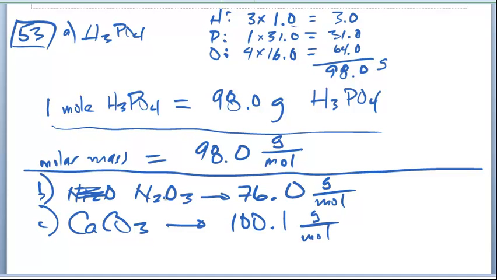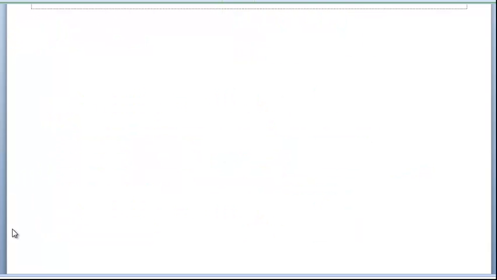Okay, and don't forget, how did we get that? 3 oxygens at 16.0 each, so that's 48 grams from the oxygens. Carbon adds 12.0. Calcium, if you round it to the nearest tenth place, that would be 40.1. And when you add those 3 quantities together, you get 100.1 grams per mole.